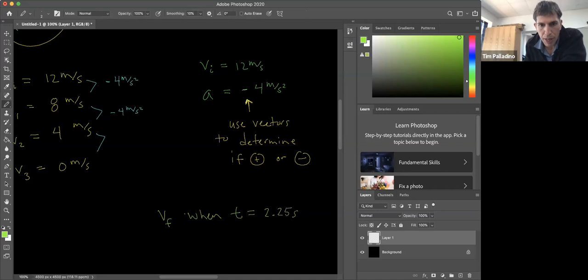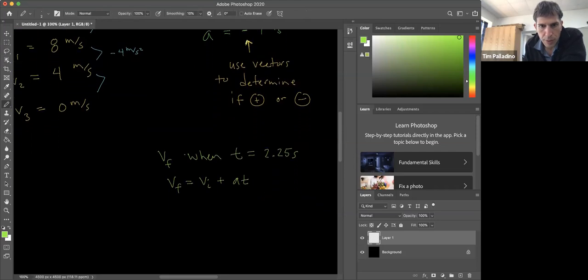Can you use our kinematic equation to figure out the velocity? So go ahead and try to figure out that velocity after 2.25 seconds.